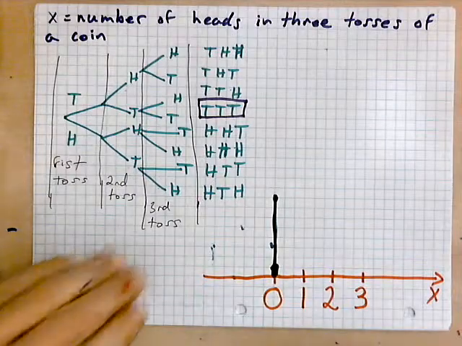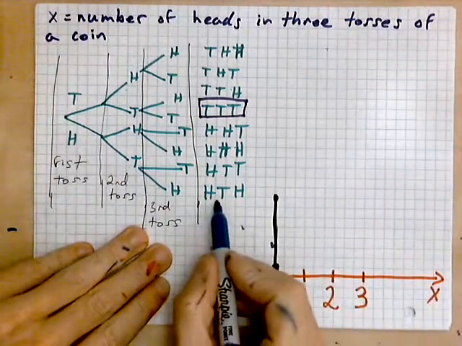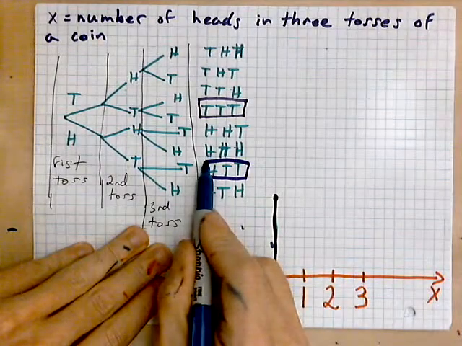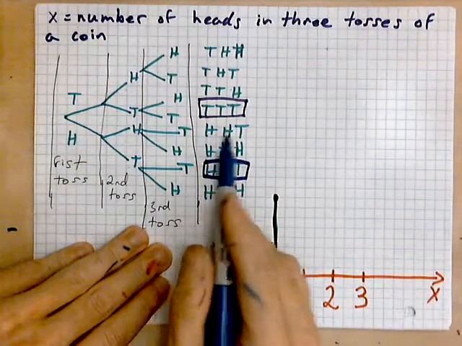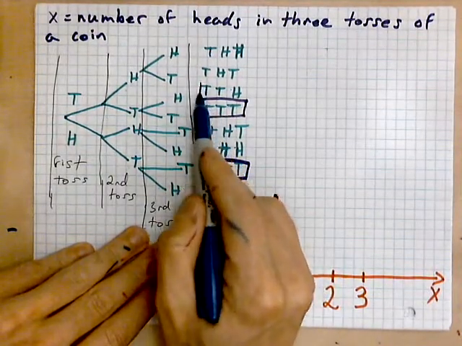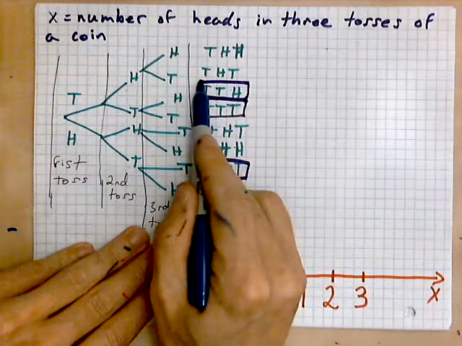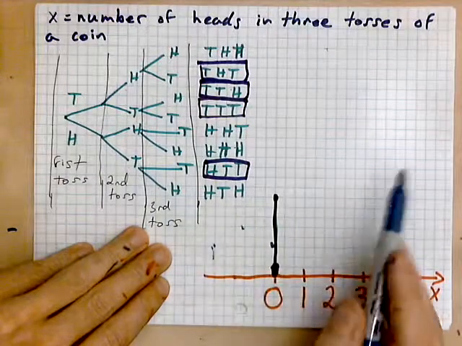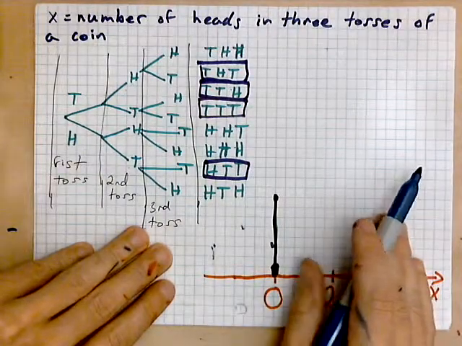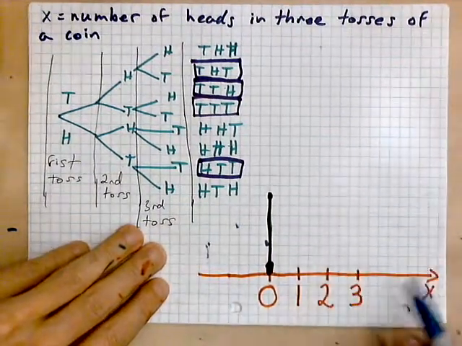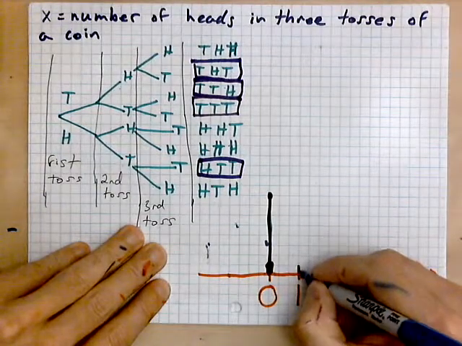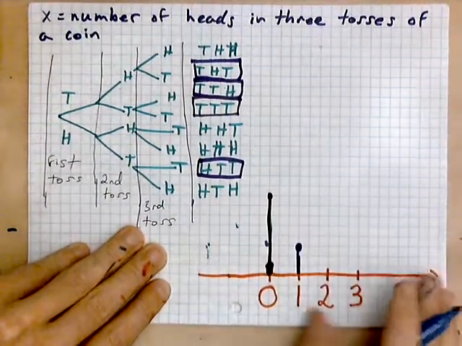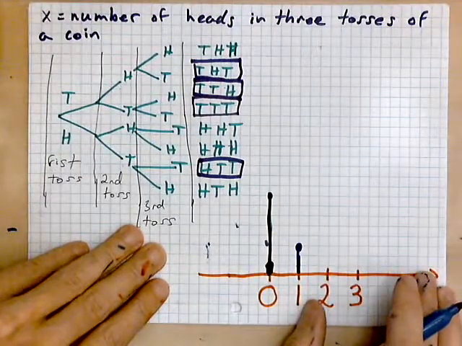Let's tick those off. Well, this has 2 heads. This has 1 head, so that qualifies. 3 heads, 2 heads, 3 tails, 1 head, that qualifies. That qualifies. So you see that there are 3 of the 8 that have 1 head. So we will mark a segment that is 1, 2, 3. This represents 3/8.